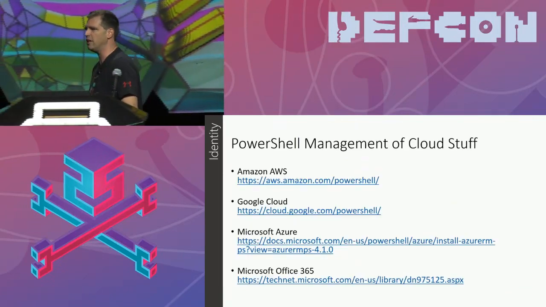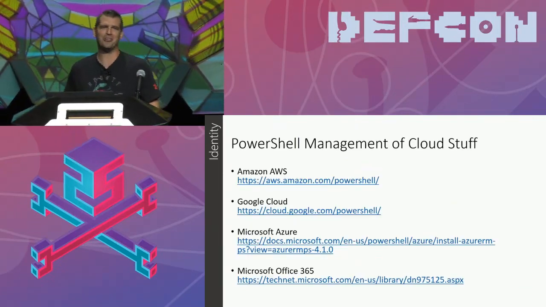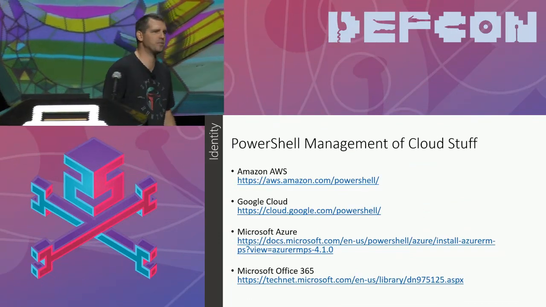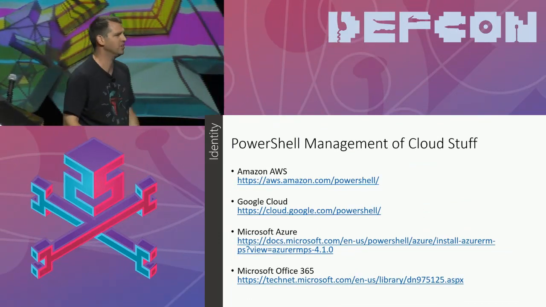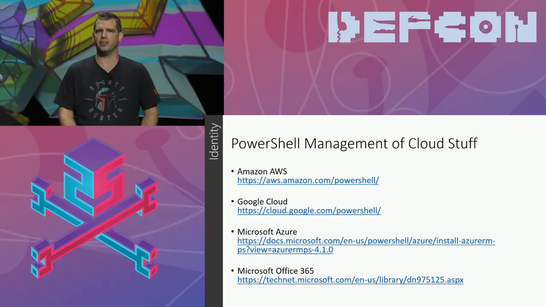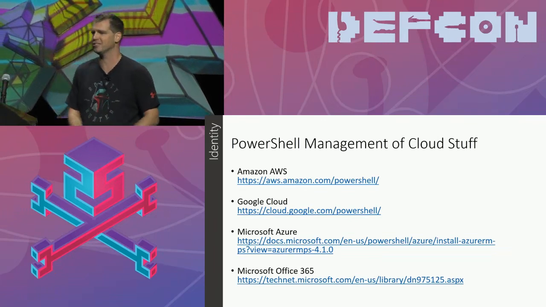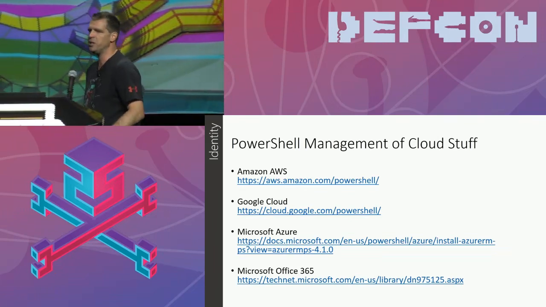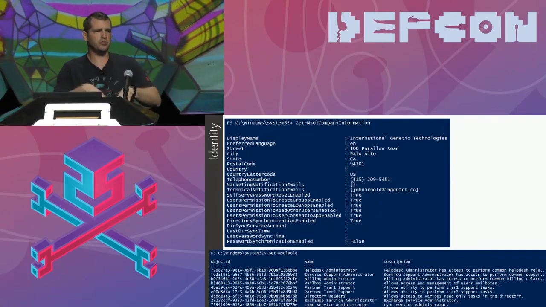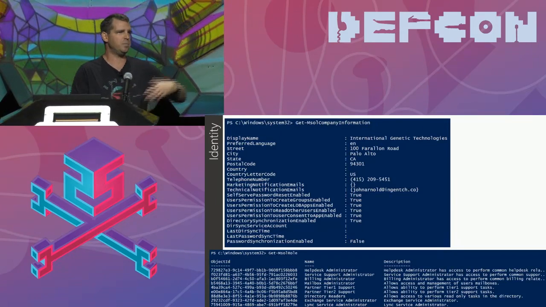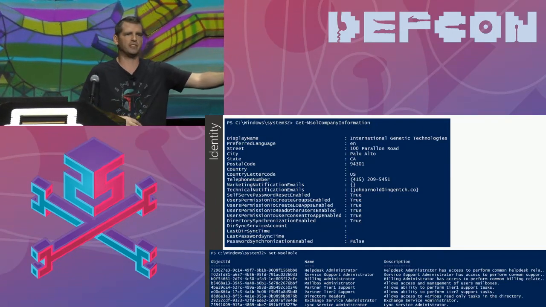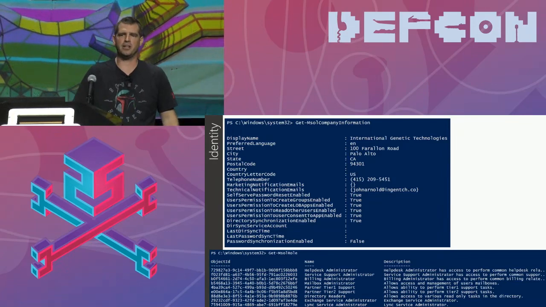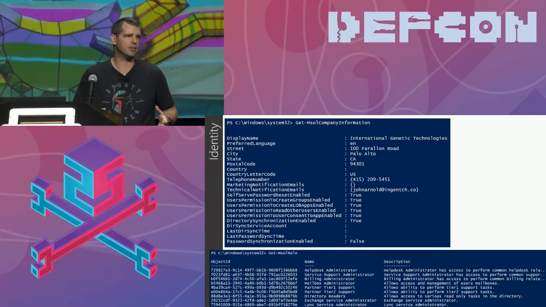And so when we're talking about cloud stuff, we're still talking about PowerShell. All of the major cloud providers have their own PowerShell modules, and they're really useful for administrators, probably for other things. Well, once we have an account that we can leverage, because remember those accounts inside that organization typically have cloud access and cloud permissions, we can get information about that company as configured.